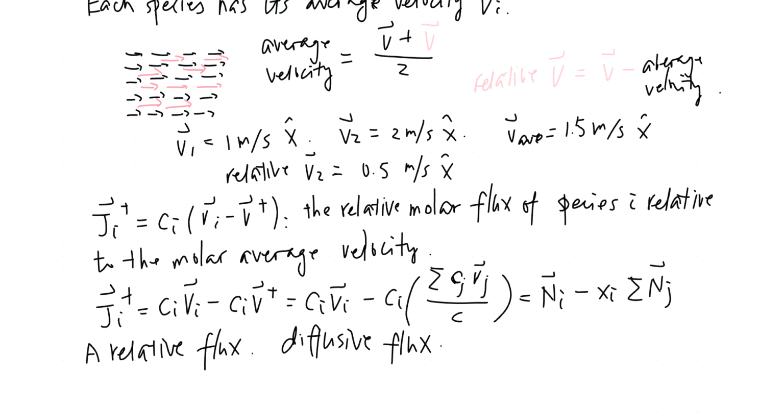The diffusion part of the flux is the flux of that species minus the average flux, weighted by x_i. This is how you can interpret this. But later on, we will look at other forms of it, which are more suggestive.